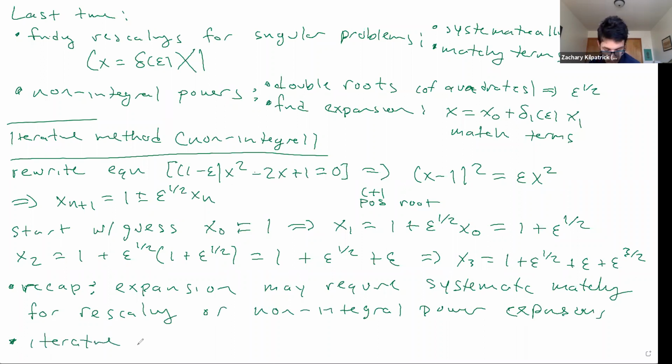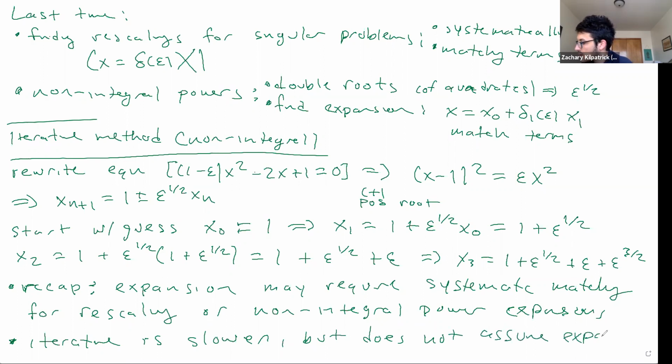And a point I'll make is that the iterative procedure can be slower, okay, but it does not assume an expansion form, right? So in cases where you don't want to go to the trouble of tuning and matching, you can essentially just derive a map that will give you this iterative expansion.